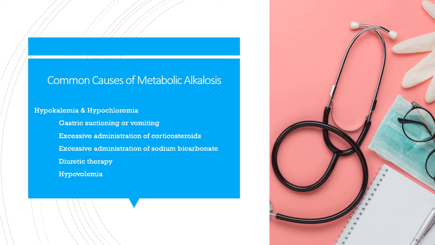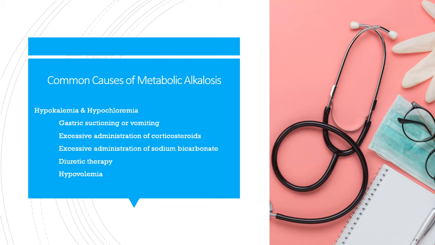Common causes of metabolic alkalosis include hypokalemia and hypochloremia. Those are big words. Just not enough potassium in the body and not enough chloride. Either one can cause metabolic alkalosis.